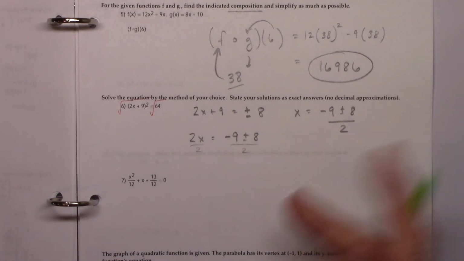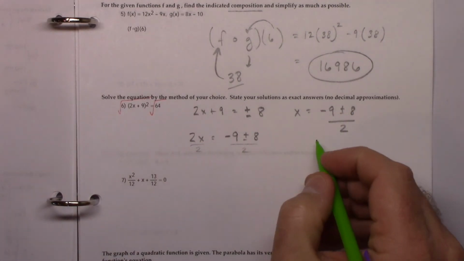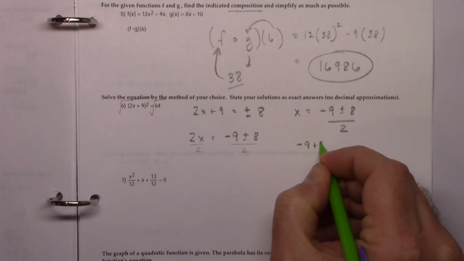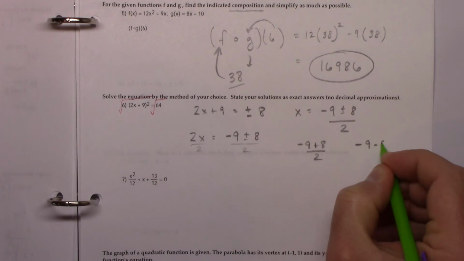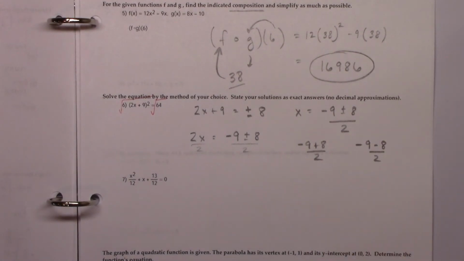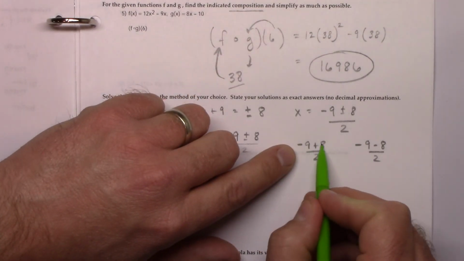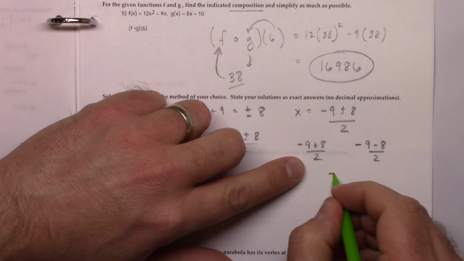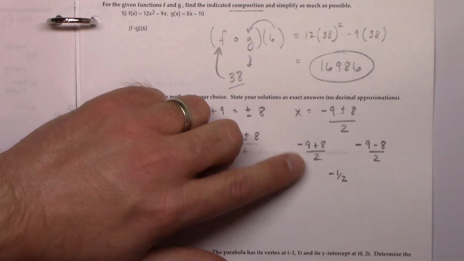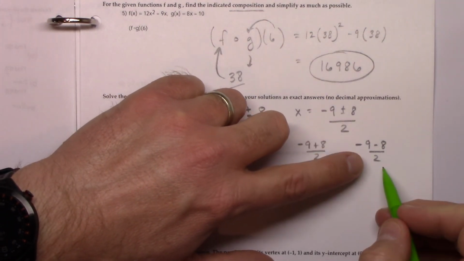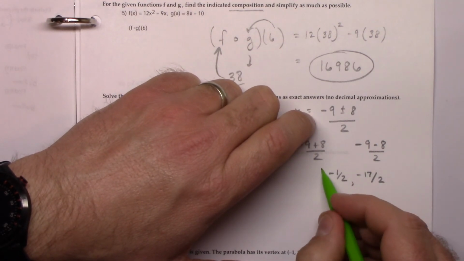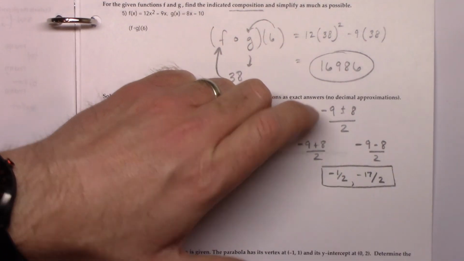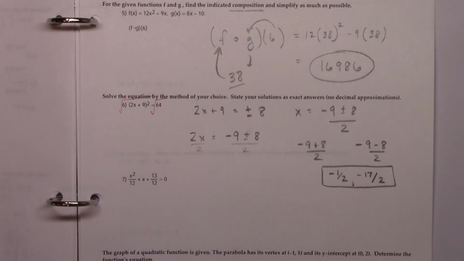That plus or minus means you do both of those things. So I'm going to start with negative 9 plus 8 over 2. And the other solution is negative 9 minus 8 over 2. You can simplify each one of those as much as possible. So this is negative 1 over 2, or negative 1/2. Here I've got negative 17 over 2, or negative 17 halves. And those two x values are our final answers.